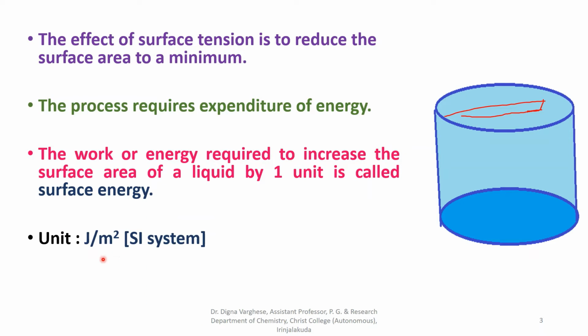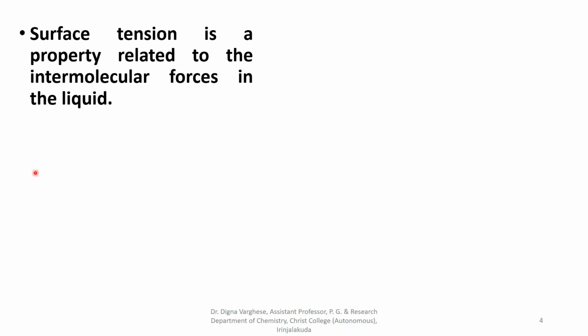Its unit is joule per meter square in SI system and ergs per centimeter square in CGS system. Surface tension is a property of a liquid. Surface tension is a property related to the intermolecular forces in the liquid.